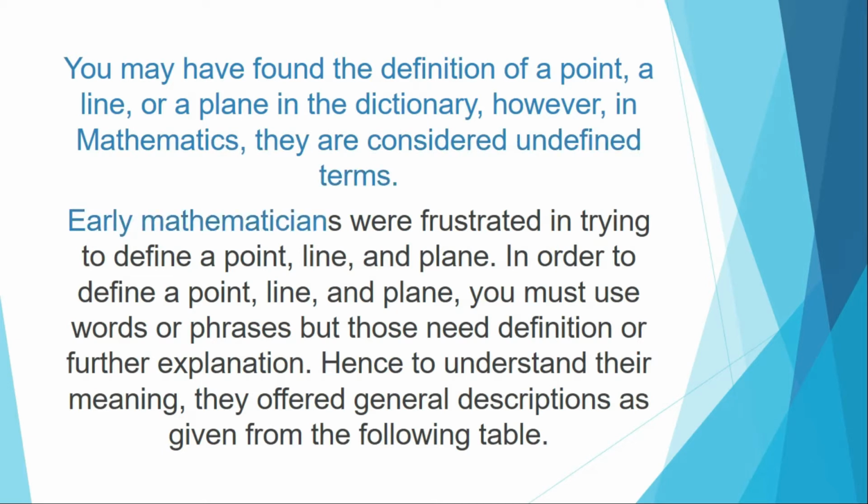Early mathematicians were frustrated in trying to define a point, line, and a plane. In order to define a point, line, and plane, you must use words or phrases, but those need definition or further explanation. Hence, to understand their meaning, they offer general descriptions as given from the following table.